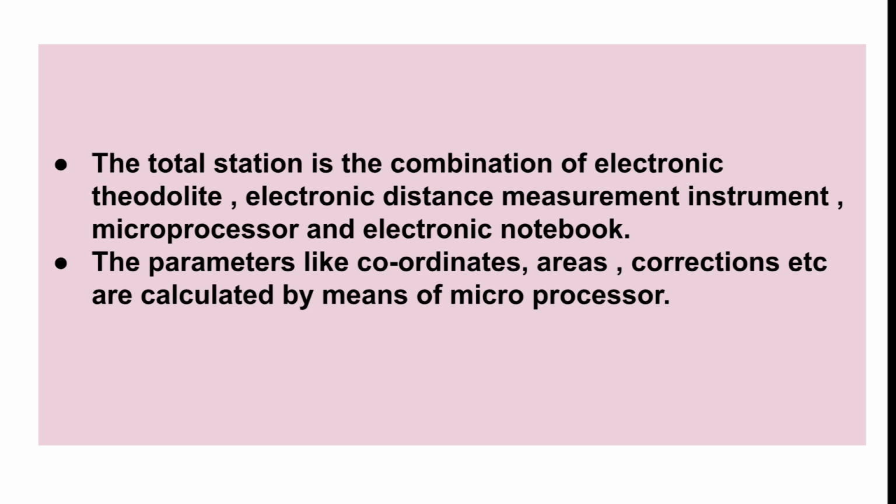The related parameters like coordinates, areas, corrections, etc. are calculated by the microprocessor, and vertical distances and horizontal distances are also calculated by the microprocessor.